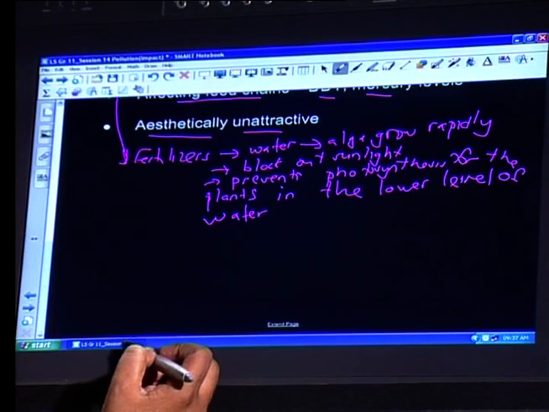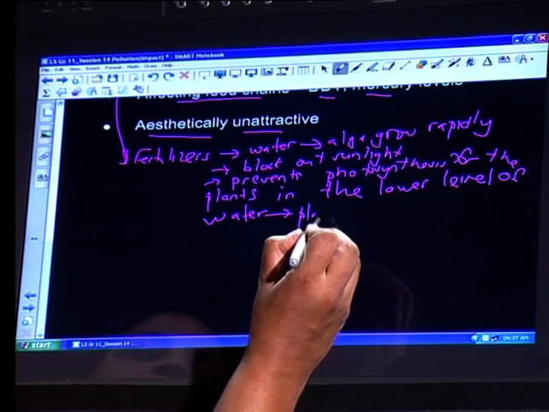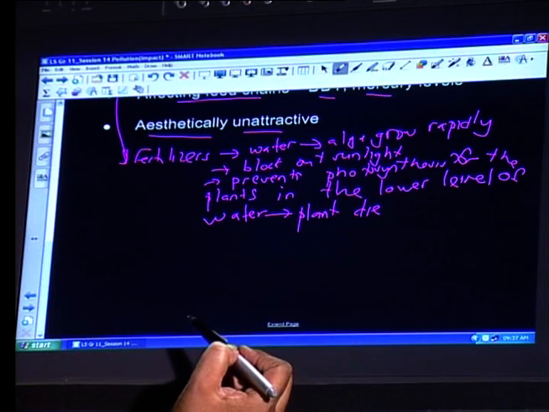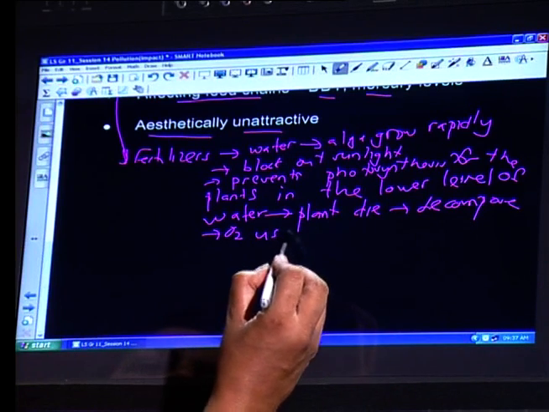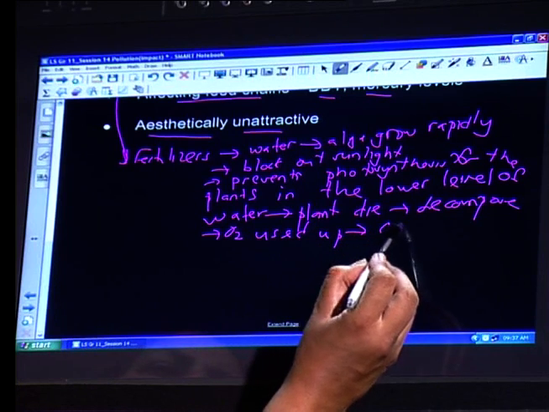Now, if the plants do not photosynthesize, you know that there's no glucose. They will eventually die. Lower levels of the water, eventually the plants die. The bacteria that is in the water will decompose them. And the decomposition process, that means the breakdown of those plants, will eventually release carbon dioxide, and a lot of oxygen is going to be getting used up. We're going to see that in some of the questions that we're going to tackle later. So plants die, they will decompose, oxygen is used up, CO2 increases.